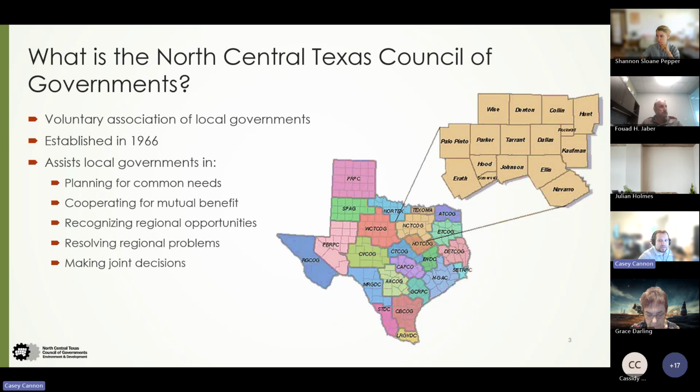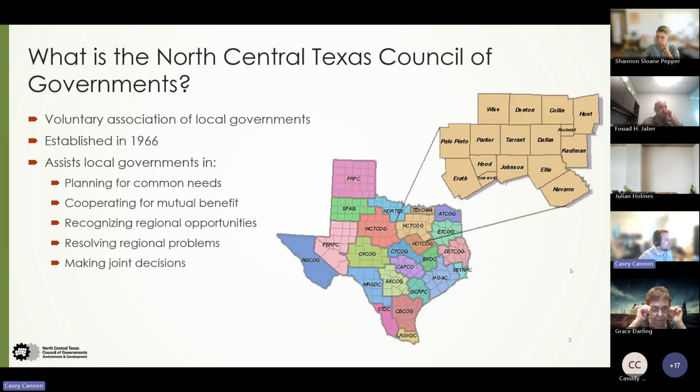We do many things at NCTCOG, but our priority is to support our local government agencies through various initiatives which are funded at the local, state, and federal levels. You can see on the map here our NCTCOG region, the 16 counties surrounding the Dallas-Fort Worth Metroplex, and we are based right in the center there in Arlington, Texas.